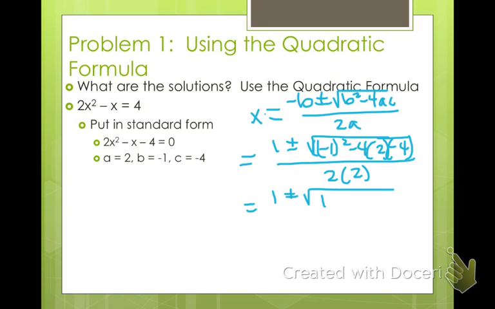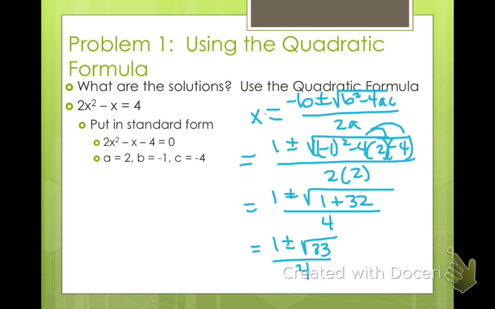Alright, so I get 1. Let's see, this is negative 8, and negative 8 times negative 4 is positive 32 over 4. So I get 1 plus or minus square root of 33 over 4.